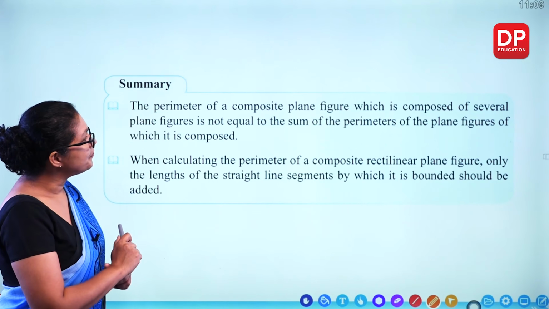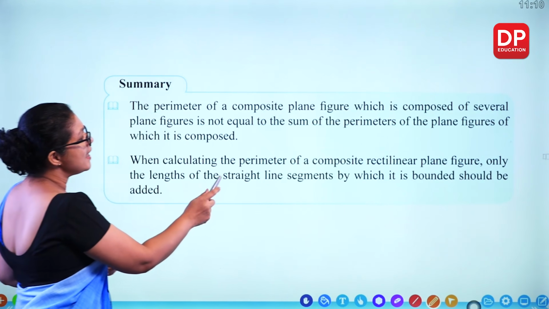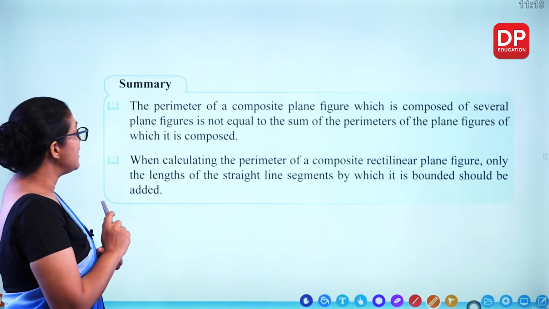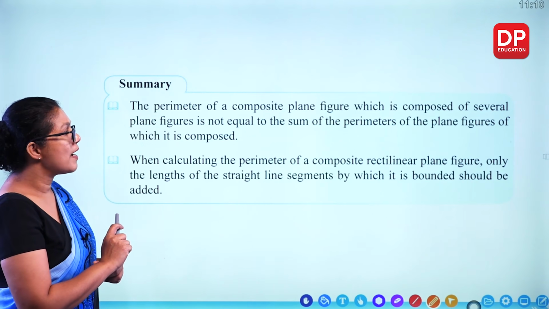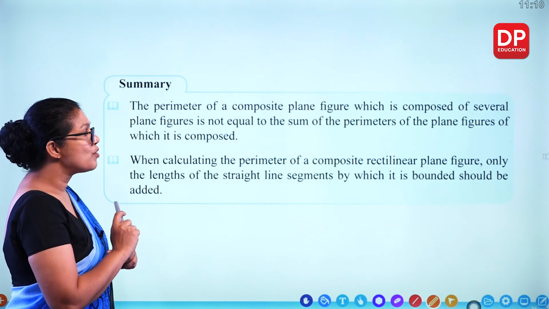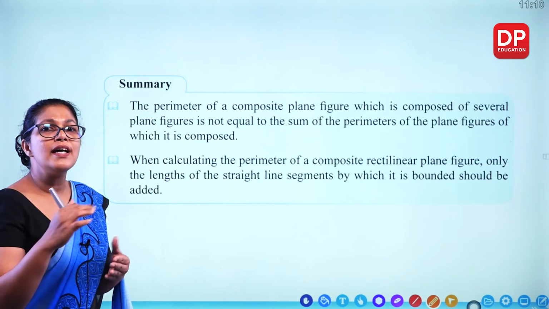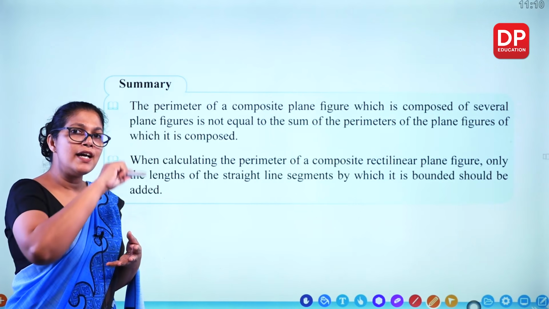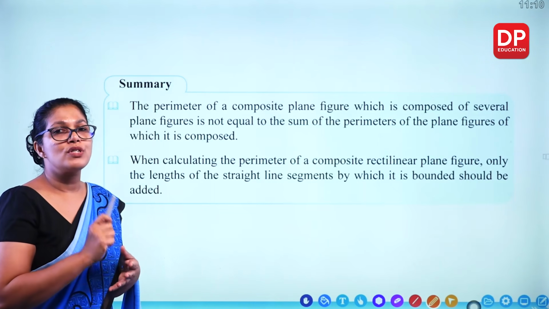And when calculating the perimeter of a composite rectilinear plane figure, only the lengths of the straight line segments by which it is bounded should be added, not the inside lengths. So make sure when you take a combined figure, you add all outer lengths.